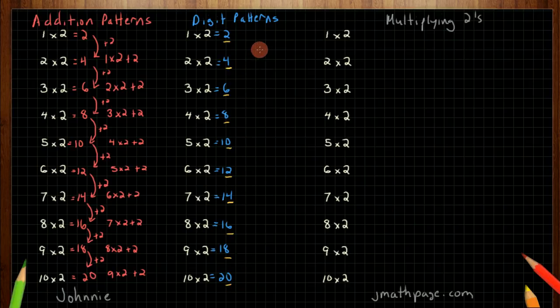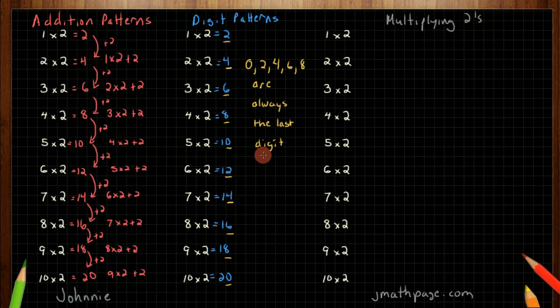Now I'm going to write these digits in order. So I'm going to write out 0, 2, 4, 6, and 8. And I'm going to write down that they are always the last digit. So whenever you're multiplying something by 2 or doubling it, it will always have to end with a 2, 4, 6, 8, or 0.